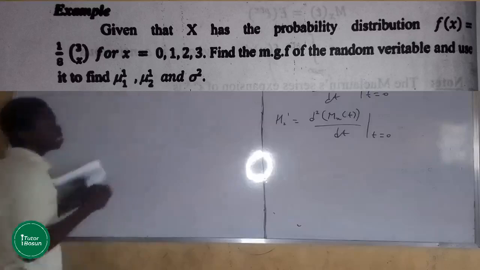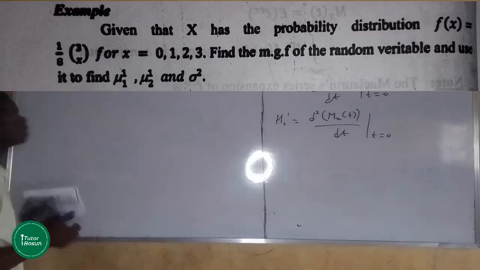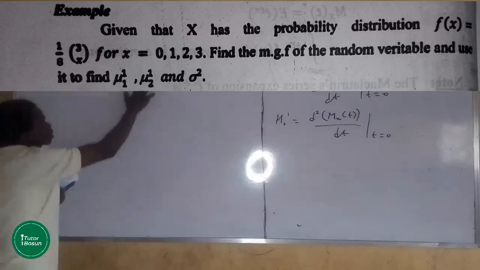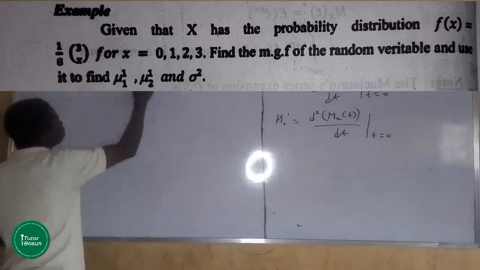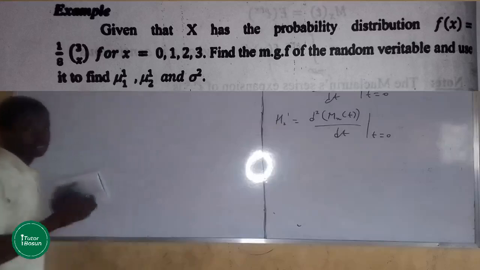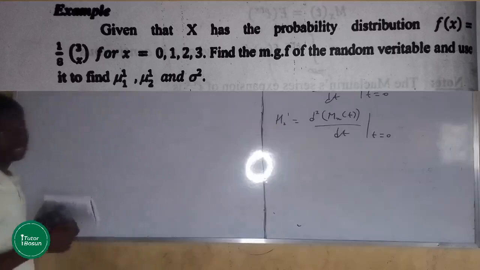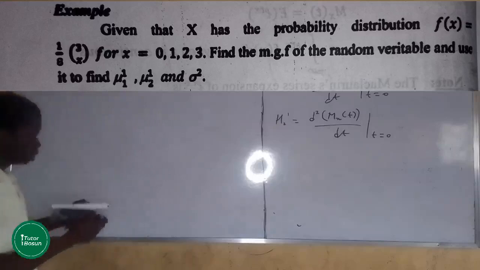You know, combination can also be represented in this way, so please don't make the mistake of thinking there's a division between 3 and x. This is the way the question was given, so we are not having division. It is 3 combination x.